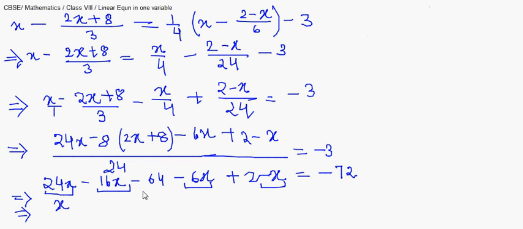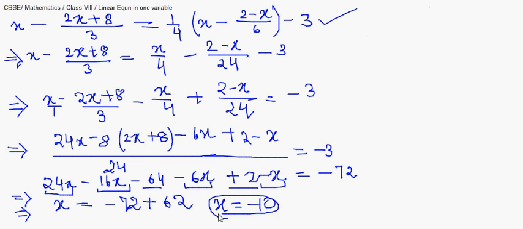And now we carry minus 64 plus 2 is minus 62. So when you carry it to the right, it becomes plus 62. Sorry, plus 64 minus 2, 62. So x becomes minus 10. So the solution to this question becomes x is equal to minus 10.